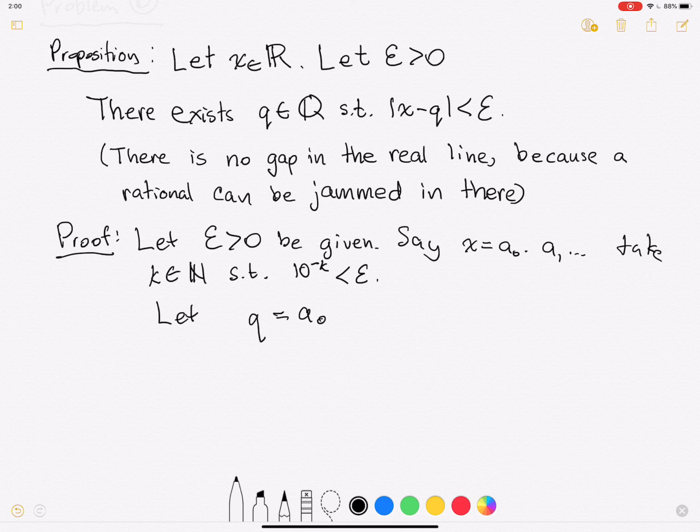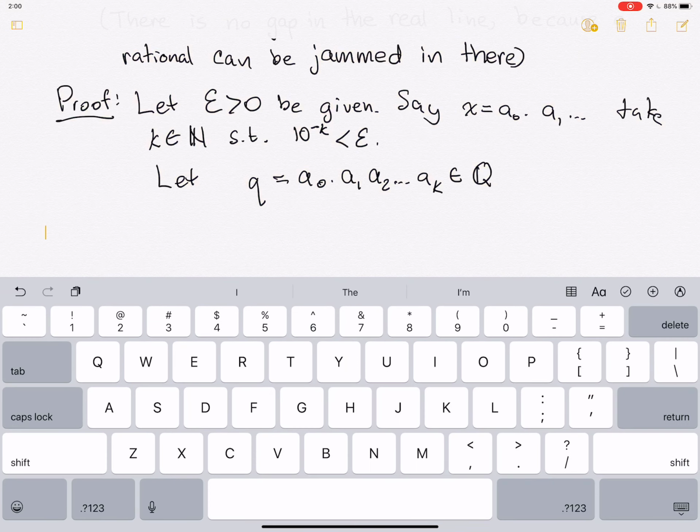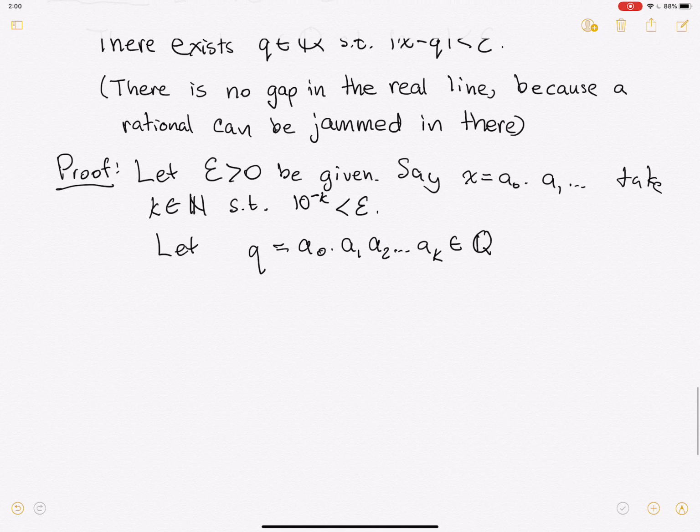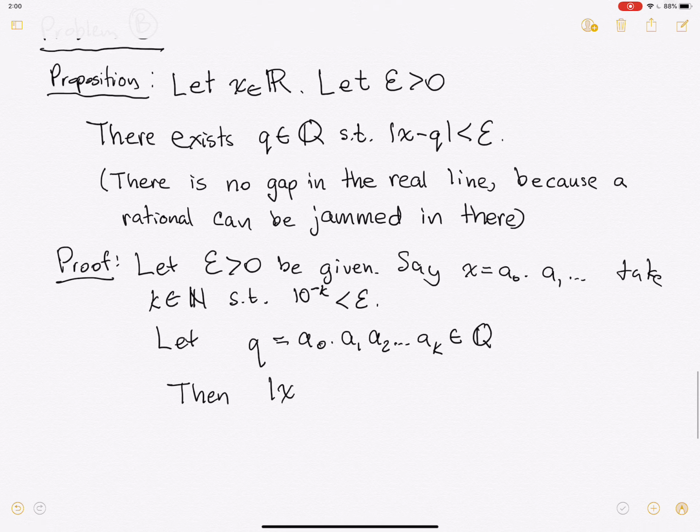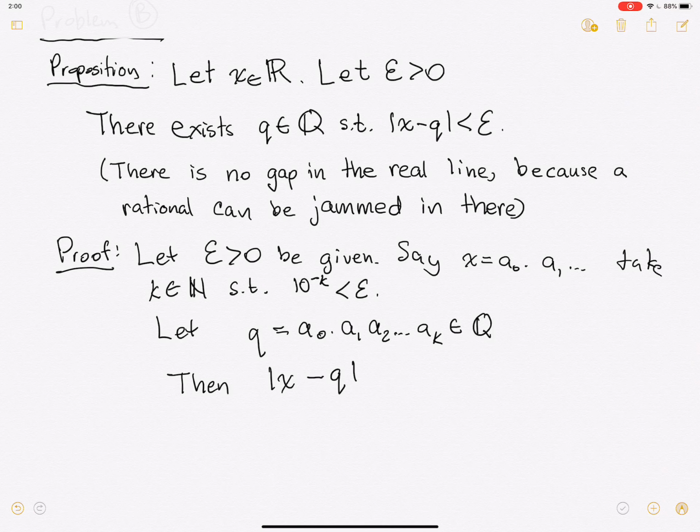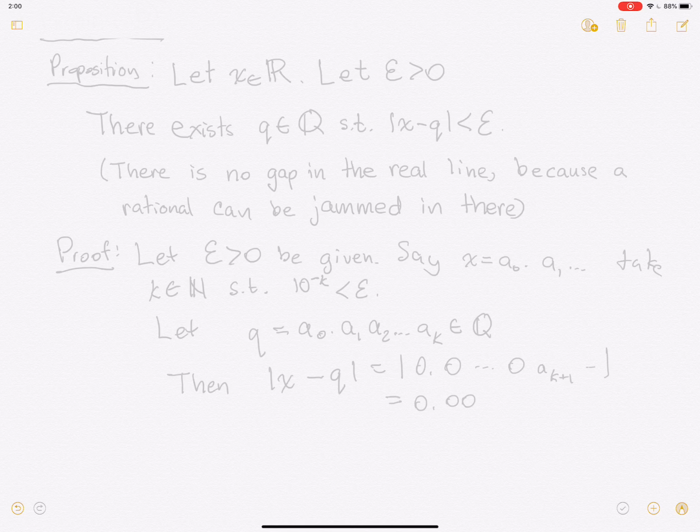So this is rational because it's a finite number of digits that are non-zero. Then we have x, let's keep the proposition in view, minus q is equal to 0.000 repeating, all the way up to a k plus 1, and so forth.